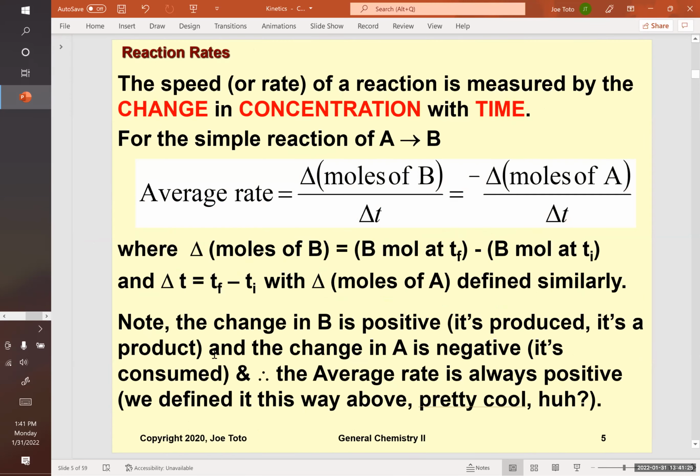Also, we should think about reaction rates as connected to a reaction. So when I say I want to talk about the rate of a reaction of some A going to B, what does that mean? The rate at which A is converted to B, or basically reactants are converted to product.